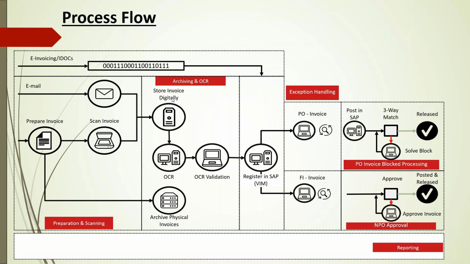If you receive the physical copy, we convert it into a PDF or an image, TIF, JPG, whatever format is accepted by the organization. In the case of email, you also receive the attachment as a PDF invoice or JPG or TIF format. In both cases you have raw data. Basically it's not a structured format.